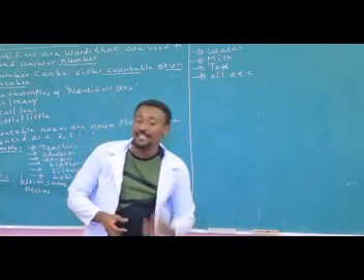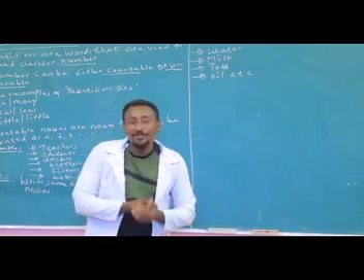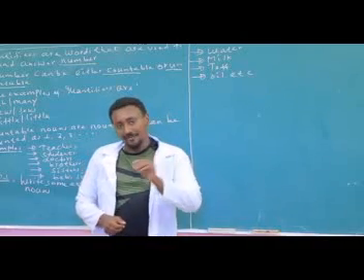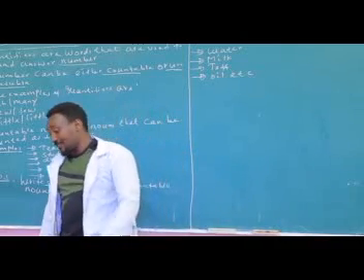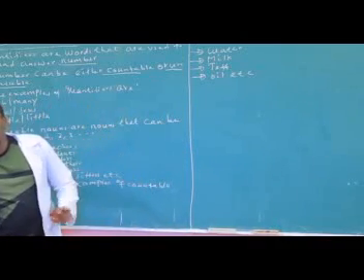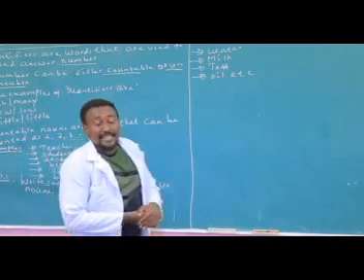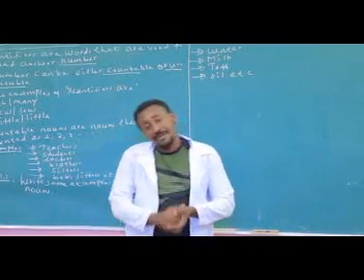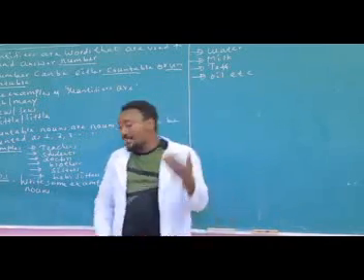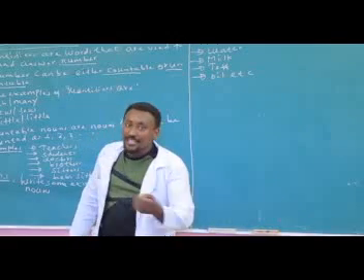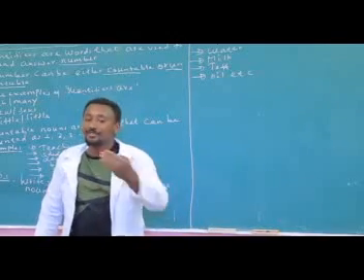That's why we said these are countable and uncountable nouns. So in short, countable nouns are nouns that can be counted in terms of number, and uncountable nouns are nouns that cannot be what? Counted.